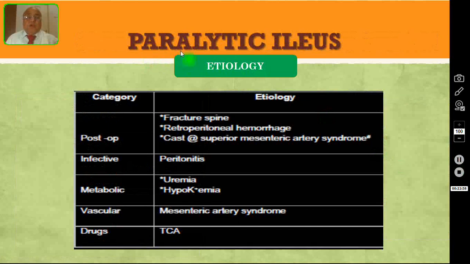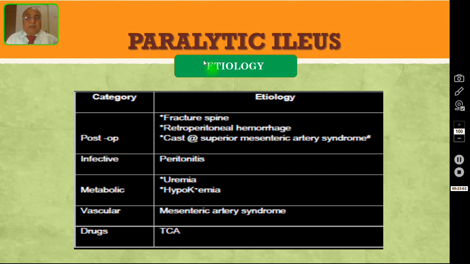You must also know about paralytic ileus or adynamic ileus. So what are the causes for this paralytic ileus? I told you, all post-op patients for 48 hours, especially if you are doing laparotomy, it will take 48 hours for the intestine to regain peristalsis.